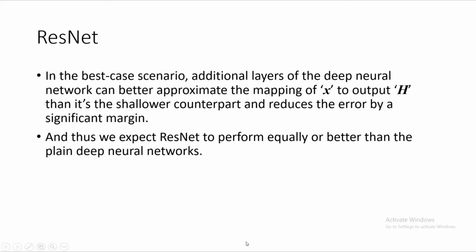In the best case scenario, the additional layers of the deep neural network can better approximate the mapping of x to the output h than the shallower counterpart, and reduce the error by a significant margin. Thus we expect ResNet to perform equally to the shallow network in the worst case, but better than the plain deep neural network in the best case.